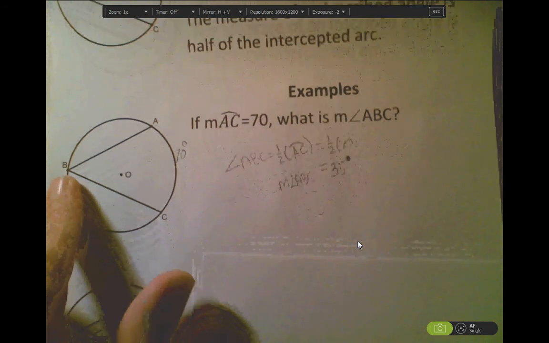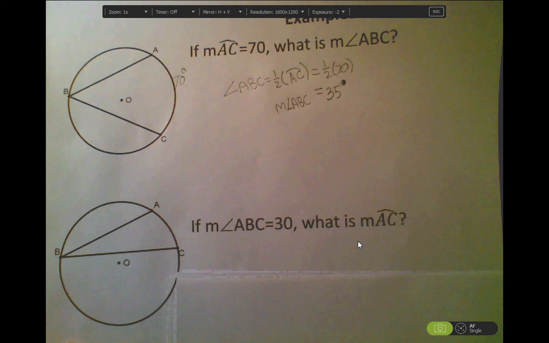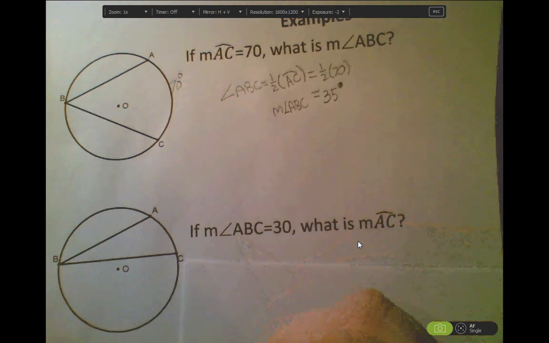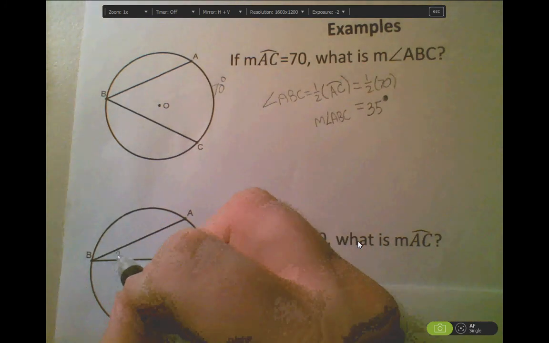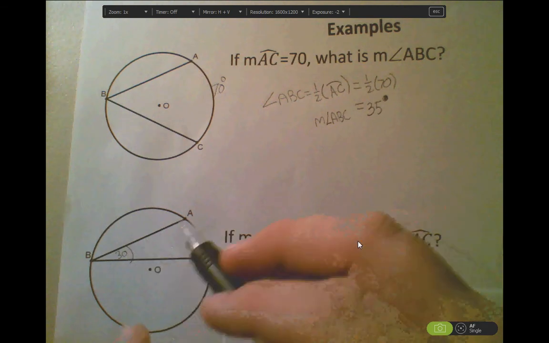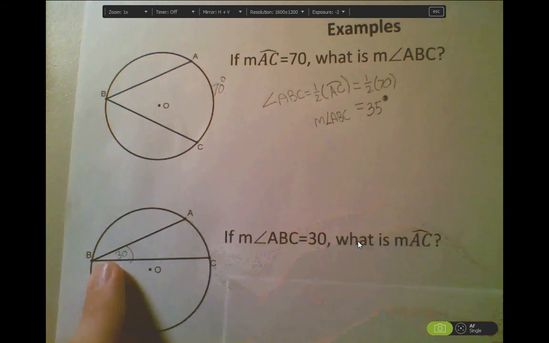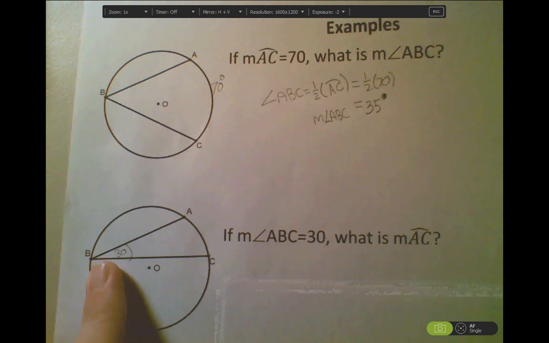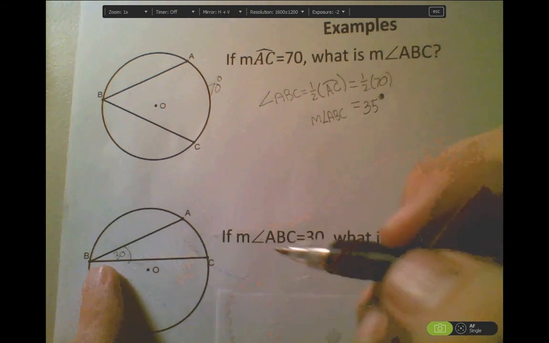Now, take a look at one last example. If the measure of angle ABC here is 30, I want to know what the measure of arc AC is. I can still use that same theorem.